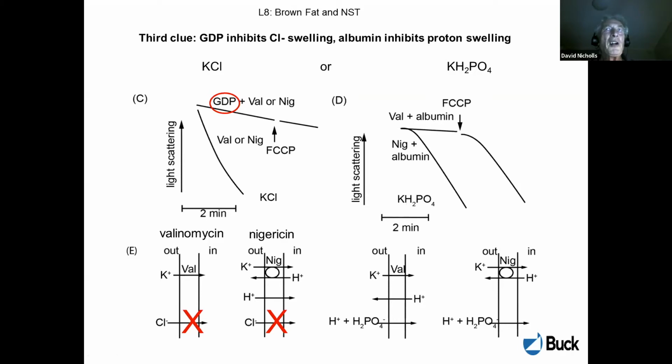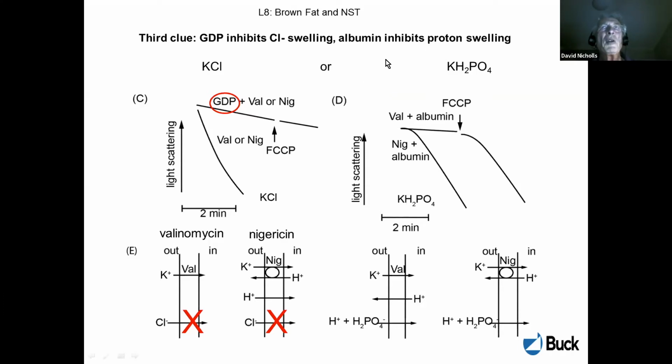So things weren't fitting. If they had fitted, we would have come to this conclusion several years before. The problem is that passive swelling is all very well, but it involves very low ion gradients, 10, 20 millivolts or so, whereas the mitochondrion is working up close to 200 millivolts.